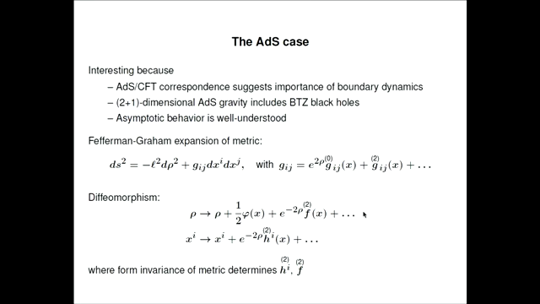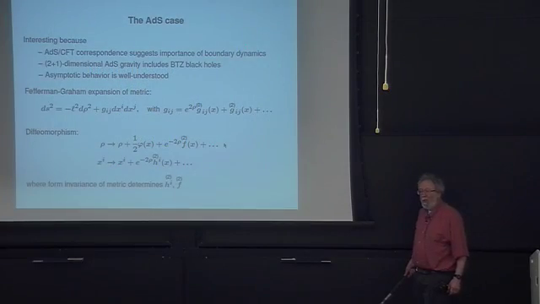So let me first briefly summarize some results for the asymptotically anti-de Sitter case. This is interesting because partly it touches on the AdS-CFT correspondence. And in fact, this is really the first place that a correspondence between bulk dynamics in anti-de Sitter space and gauge theory at the boundary was discovered and explored in any detail.